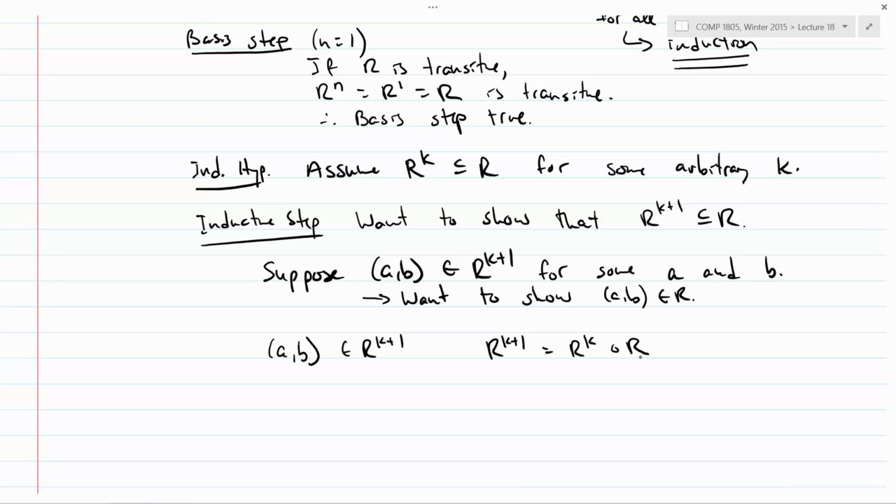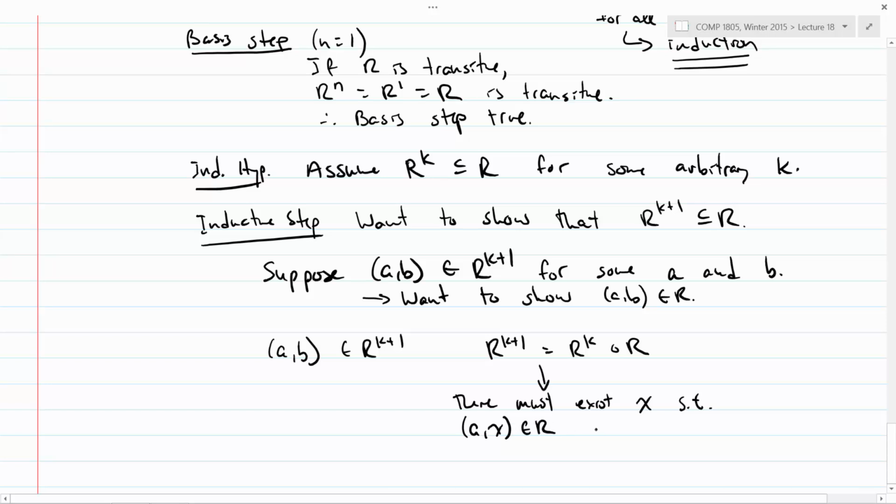If R to the k plus 1 is R to the k follows R, then there must exist some x such that the following is true. Ax is in R and xb is in R to the k. All right, that's what it means to be in R to the k plus 1. Does everyone see that?